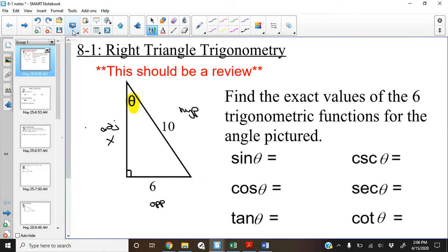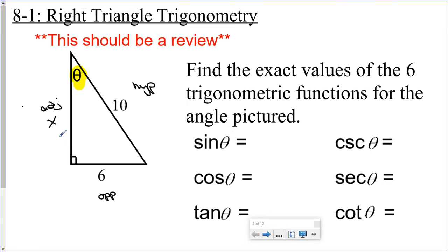Now, how can we solve for x? Well, it's a right triangle, so we can use Pythagorean theorem. Make sure the hypotenuse is always the c value, so a squared plus b squared equals c squared. And you get 36 when you square 6, 100 when you square 10, subtract 36.